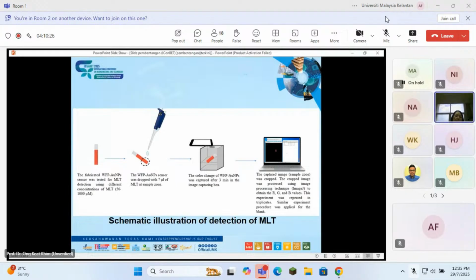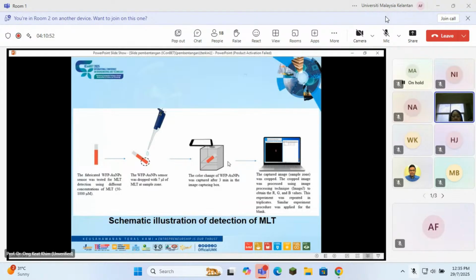This slide shows how we do the detection. This is the filter paper that we have fabricated just now. We drop the analyte on the filter paper at the sample zone, which we have already labeled, and then put the filter paper in the image capturing box. This image capturing box was developed using a 3D printer, and we capture the image using a smartphone.